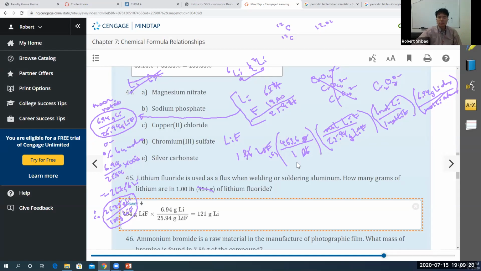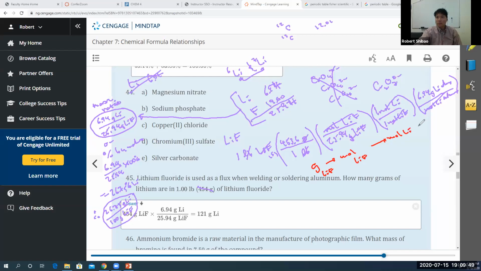When we look at this, it's standard stoichiometry. Let's analyze it. We're doing a gram to mole conversion, going from grams of lithium fluoride to moles of lithium fluoride. Then a mole to mole conversion, going from moles of lithium fluoride to moles of lithium.